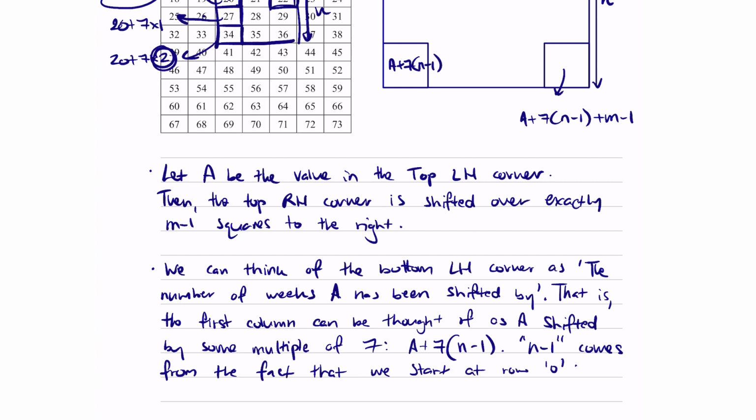I.e. the top left hand corner is A plus 7 times 0. So sorry, we don't actually start at row 0, we start at row 1. Cool. So if we start at row 1, then this row here must therefore take the value of n minus 1. Otherwise we'll be 1 too many rows down.